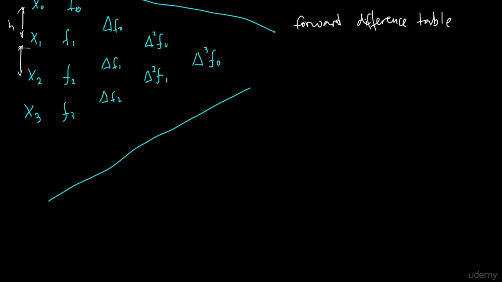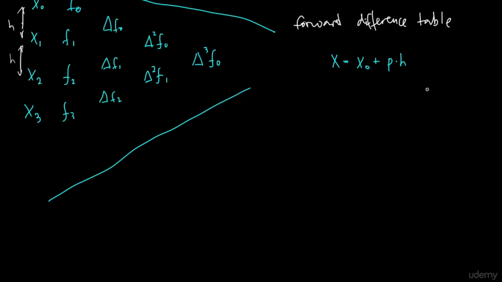The distance between these 2 points is h. But we might want to get, for example, h over 2. So we're introducing a change of variables here. We're basically saying that we're going to define x as being equal to x0 plus some variable p multiplied by h. And p does not have to be a whole number.